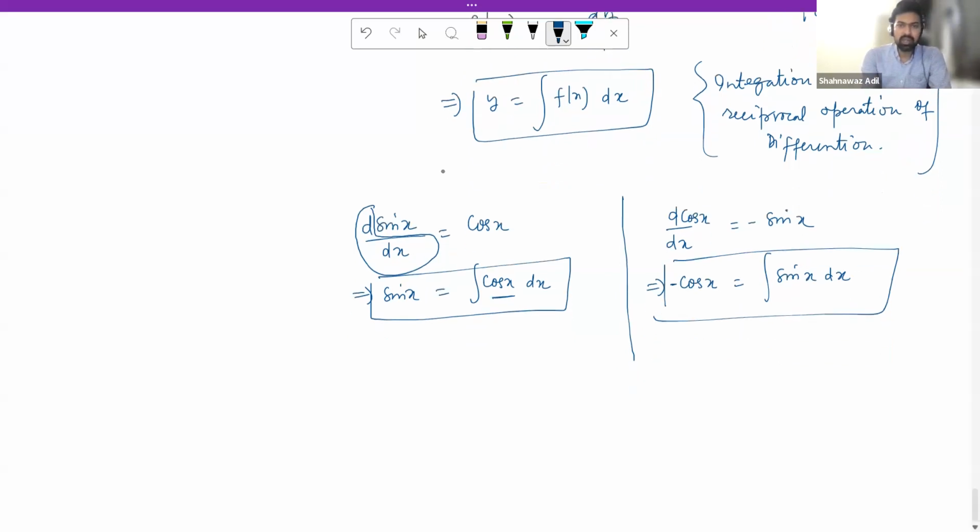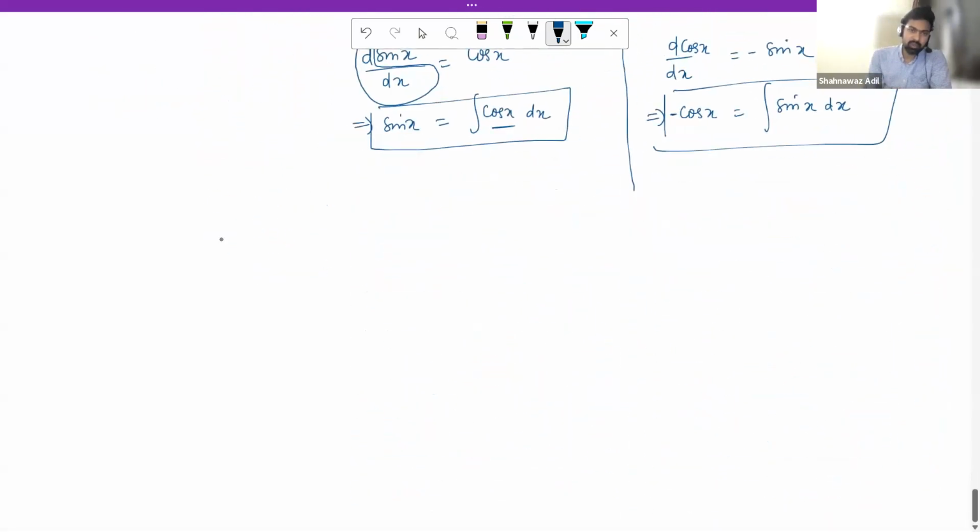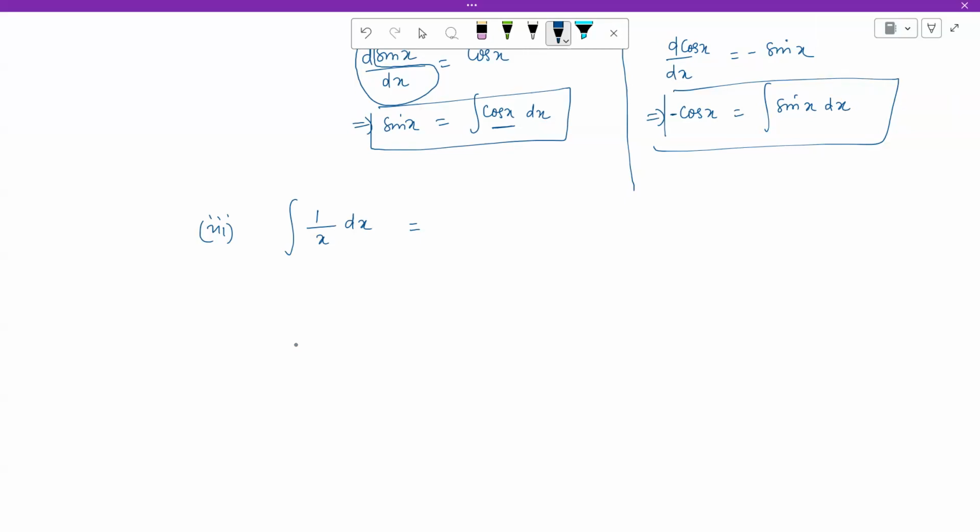So now we have the algebraic function, the trigonometric function, and one more function: the integration of 1 by x dx. Can you apply the algebraic formula here? What is the power? This is 1 by x. If I take it in the numerator, this would be x to the power minus 1.